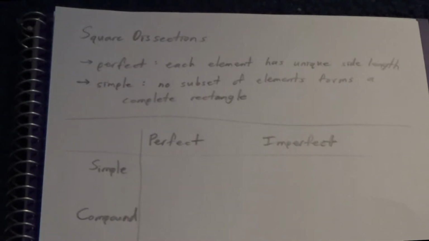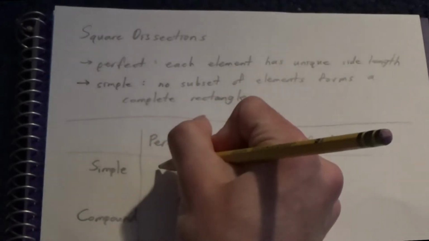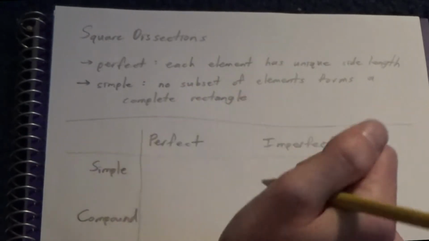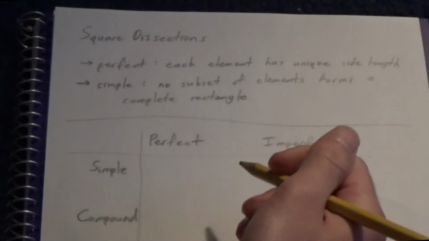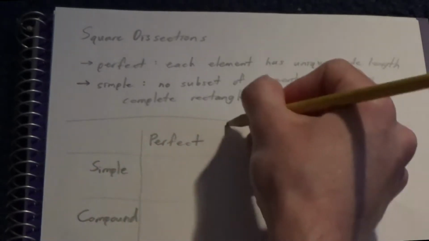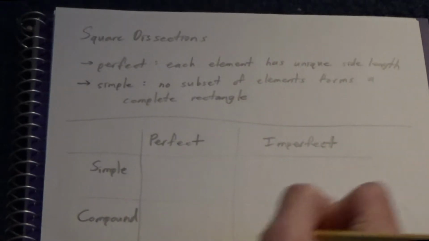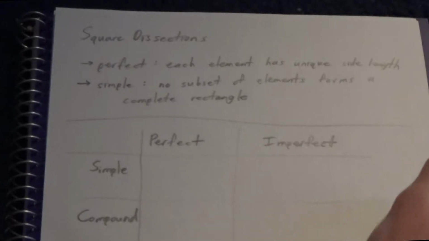There are actually many different ways of describing square dissections, but this one I like as a starting point, because we can take it one by one. For the upper left corner, I'll draw this out loosely, the edges of the table.